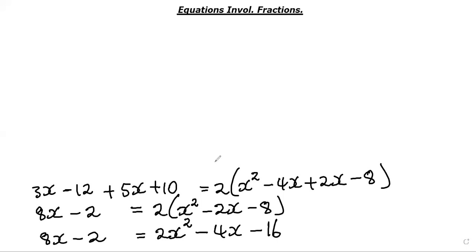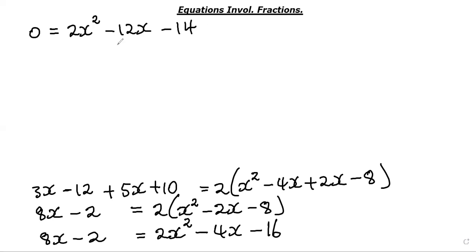Right. Then let's take everything to the right-hand side so that we are left with 0 on the left. We'll still have 2x squared here. The 8x, when it gets to the right, it becomes negative. -4x - 8x, it's -12x. Then -2, when it gets to the right, it becomes positive. -16 + 2, it's going to be -14.